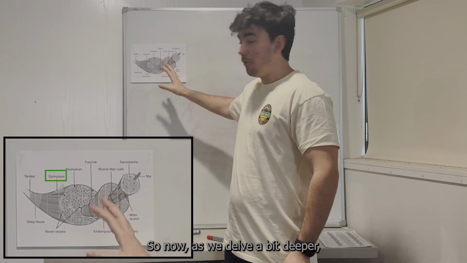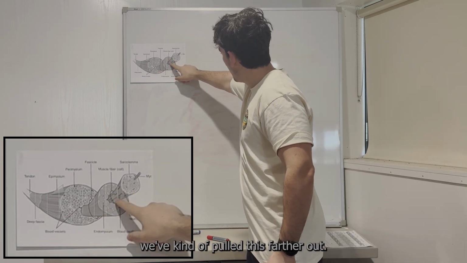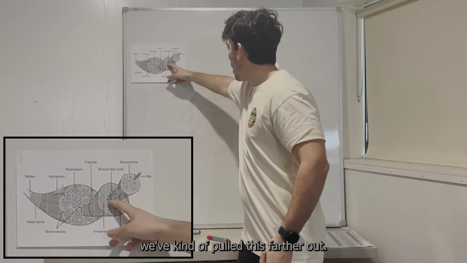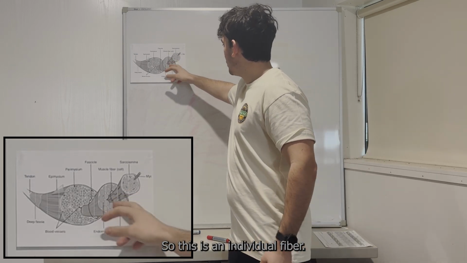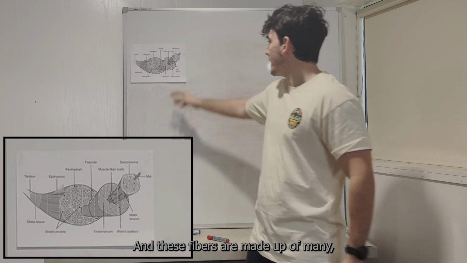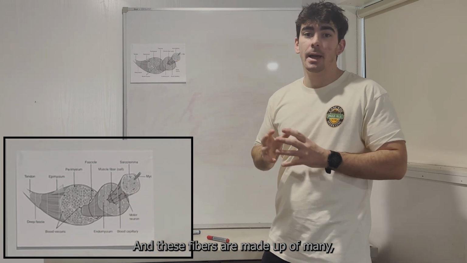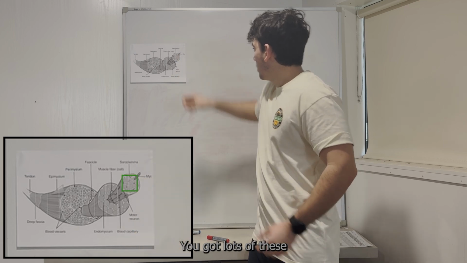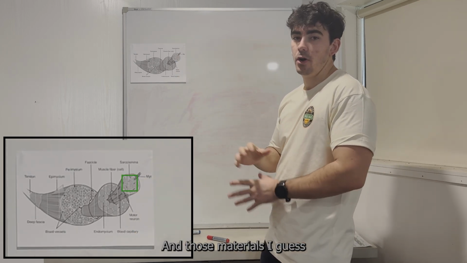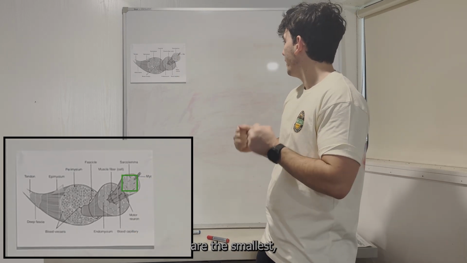So now, as we delve a bit deeper, you can see yet again we've kind of pulled this fiber out, so we're zooming in even deeper. This is an individual fiber, and these fibers are made up of many myofibrils, and you can see that here. You've got lots of these little tiny myofibrils, and those myofibrils, I guess, are the smallest.